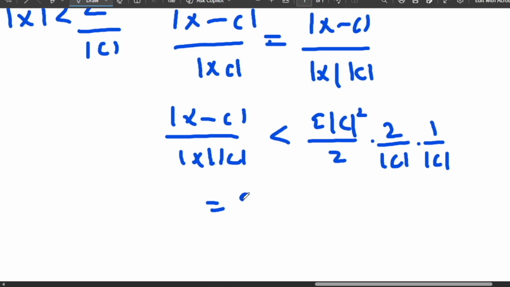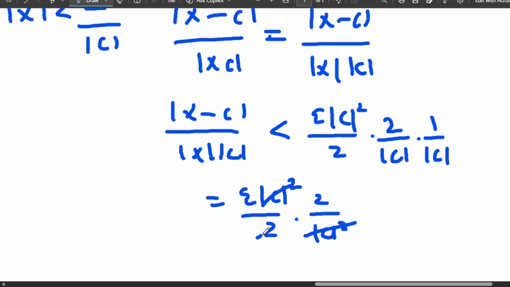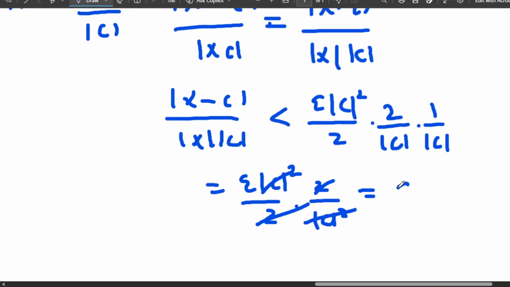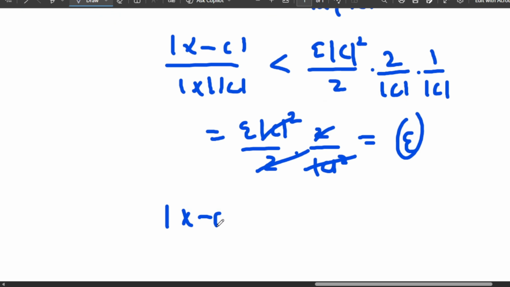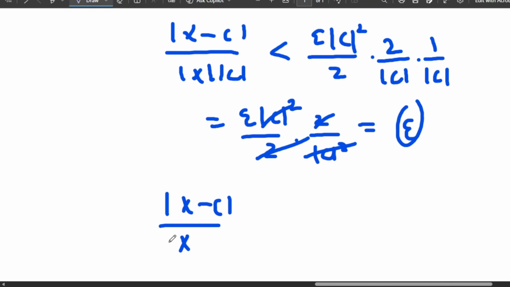This is equivalent to epsilon |c| squared over 2 times 2 over |c| squared. This cancels out, which is equivalent to our epsilon. So |x minus c| over |x||c| must be strictly less than our epsilon. Hence proven.